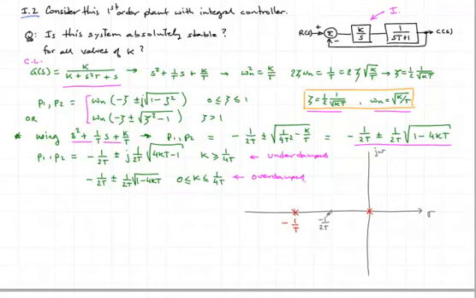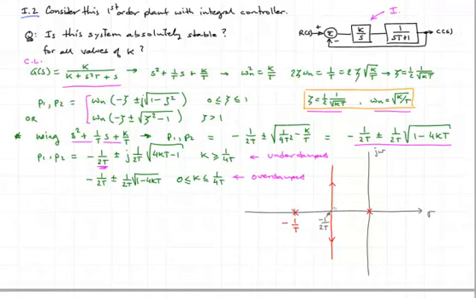Notice that the real part of our poles, minus 1 over 2t, is constant for the underdamped case. And what that leads to is a root locus that, for an underdamped case, will follow a vertical path rising from s equal to minus 1 over 2t.